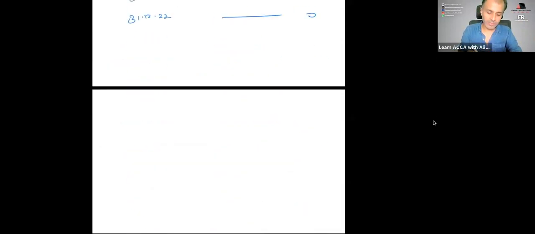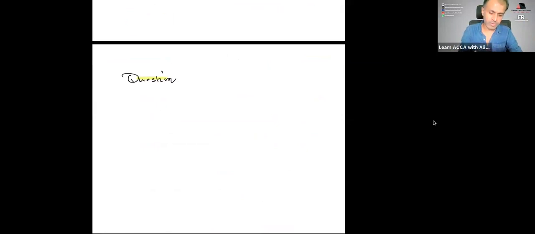So let's fulfill the requirement, old and new depreciation. Let's go and find the depreciation, the old one and the new one.